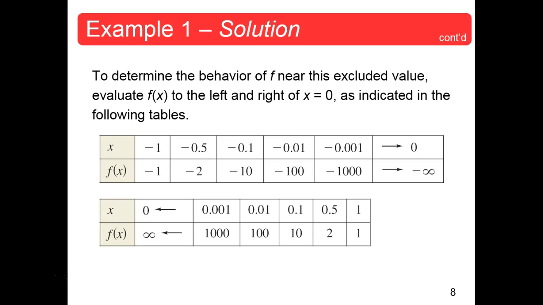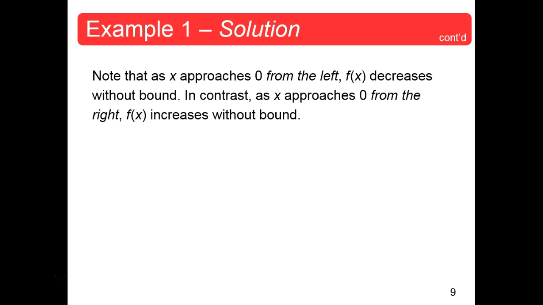Now think about this. Well, I think they'll show the graph. Okay, note that as x approaches 0 from the left, f decreases without bound, and as it approaches 0 from the right, it increases without bound. Okay? So you got it going in this way. Do you see why there's not a value at x equals 0?